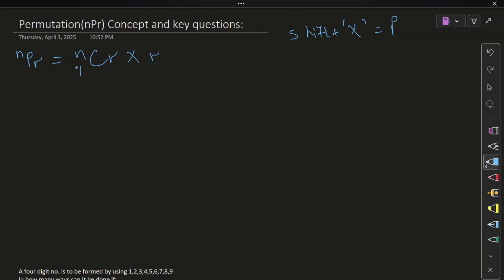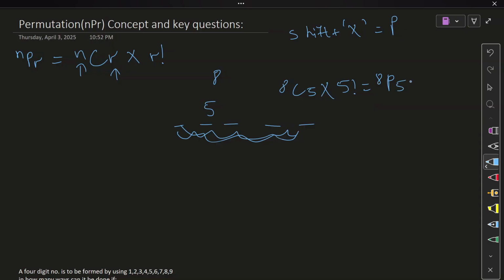Out of the 8, I might have selected 5, and those 5 will be rearranged by 5 factorial. So if I have 8 people, I select 5 for my 5 positions, and then I rearrange them all. They can move around. So it's essentially 8C5 times 5 factorial. For ease, it can be written as 8P5.